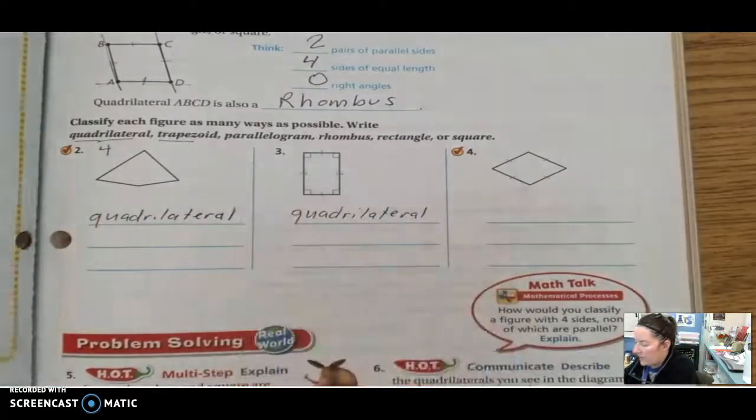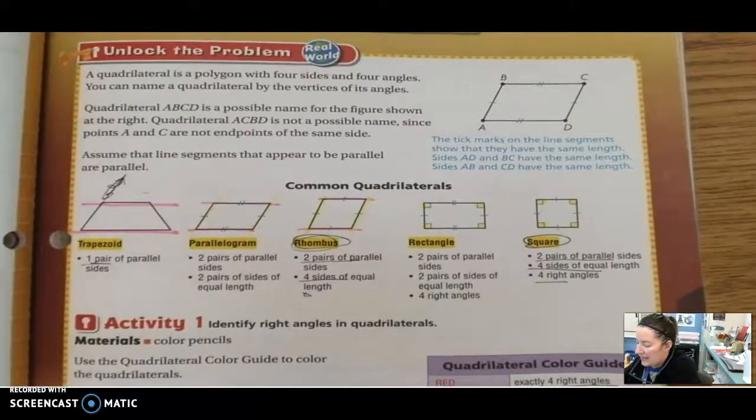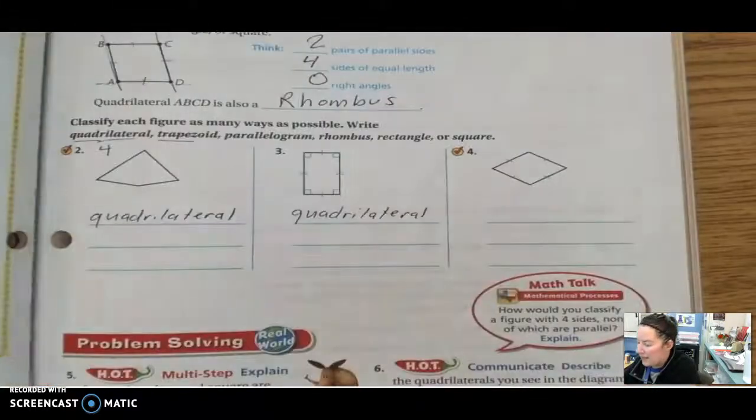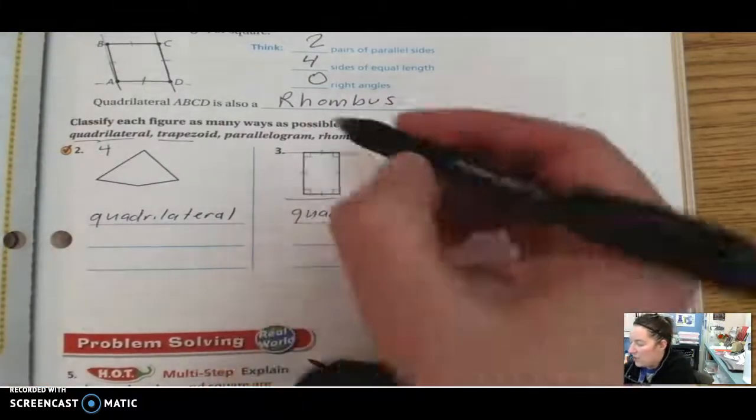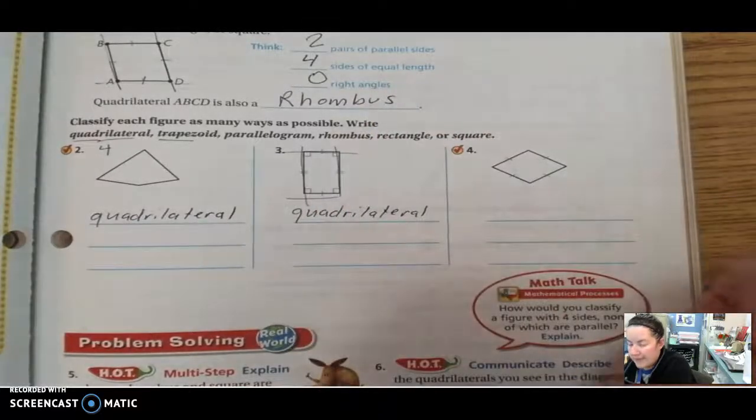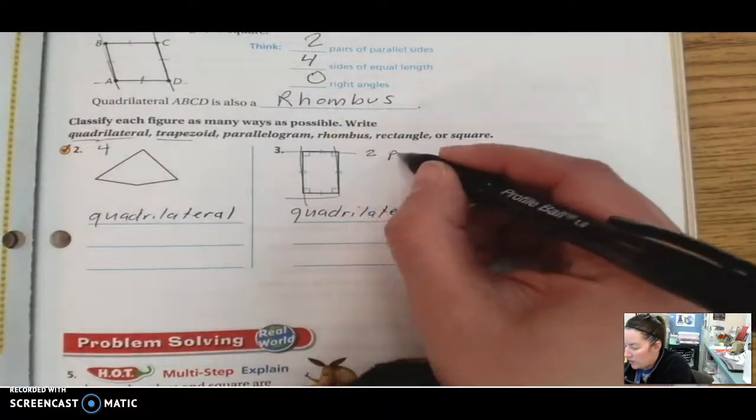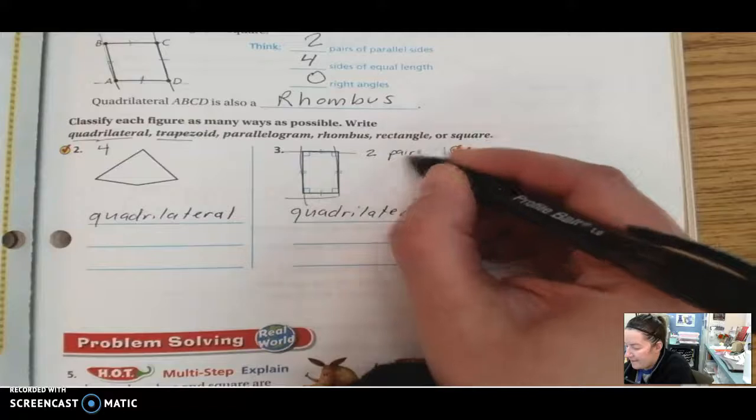Is it a trapezoid? A trapezoid has exactly one pair of parallel sides. This has 2 pairs of parallel sides.